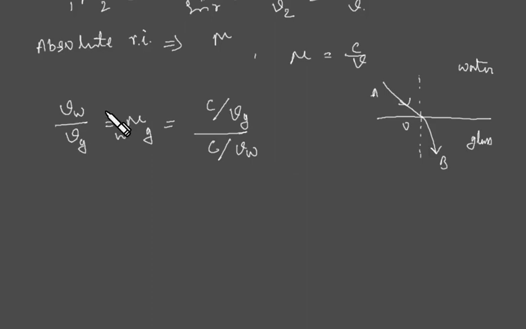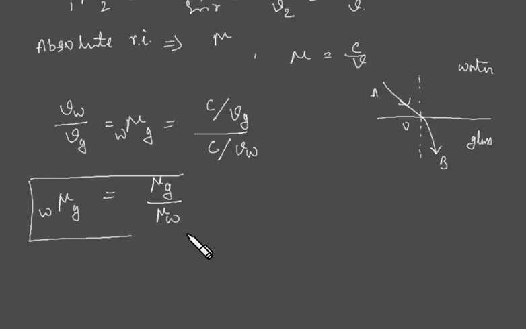Can we write like that? Of course we can, because we didn't change anything except that we multiplied both the numerator and the denominator by c, which gives us the absolute refractive index of glass divided by the absolute refractive index of water.